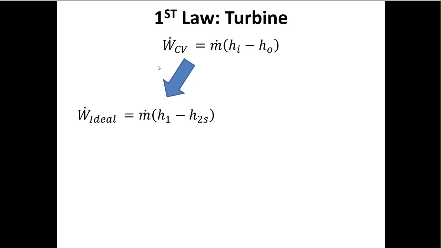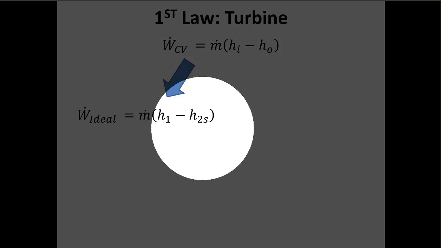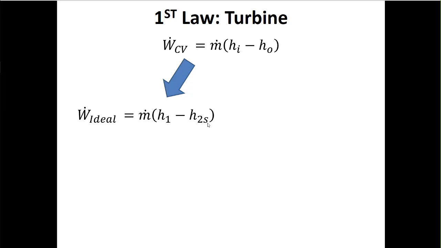So if I was going through the ideal turbine, the inlet state would be h1, and the outlet state would be h2s. That's the specific enthalpy if the specific entropy didn't change, right? So this state 2s, it's the imaginary state of what that ideal turbine would look like if it could exist, right? That's that vertical line down, right?